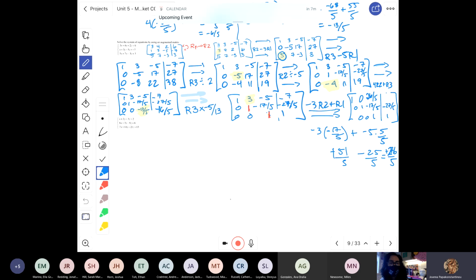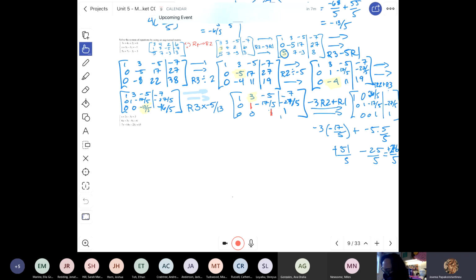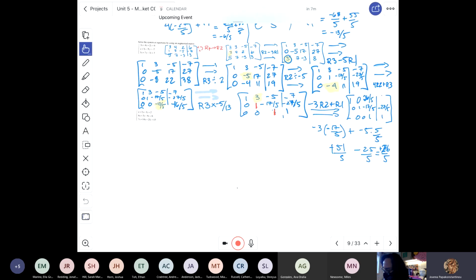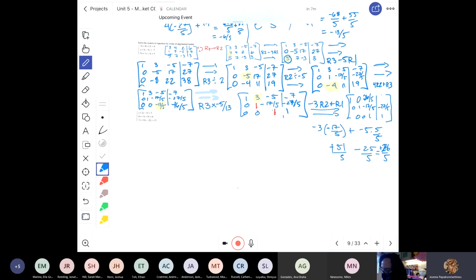And what is the final answer for the right-hand side? Anybody? Do we agree?